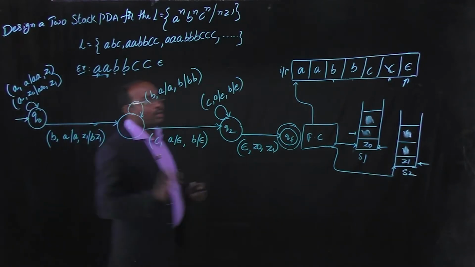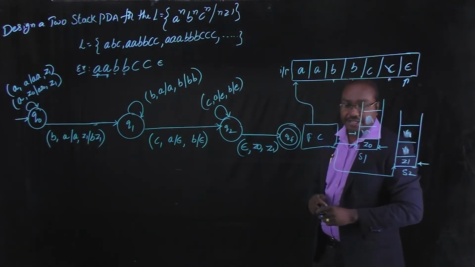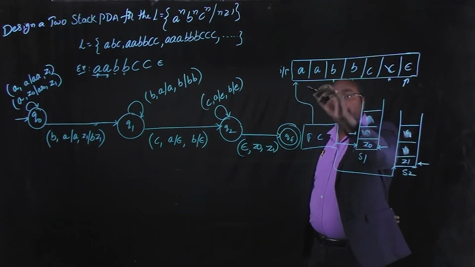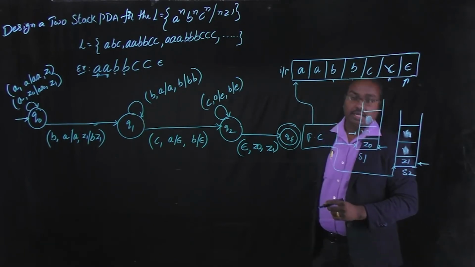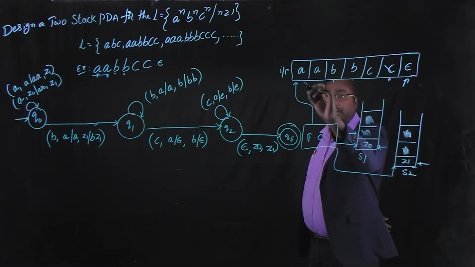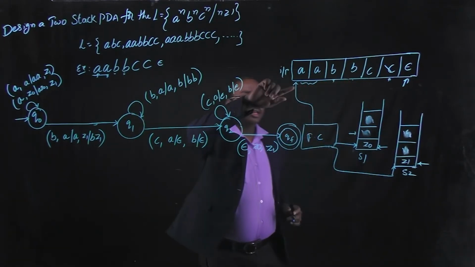So here is how to construct the A power n, B power n, C power n 2-stack PDA. So this is the logic. For example, I am taking 2 A's, 2 B's, 2 C's. For the initial step, all A's should be read.